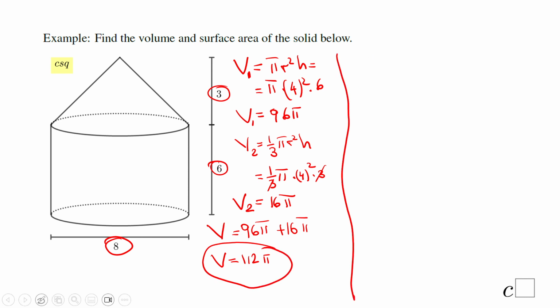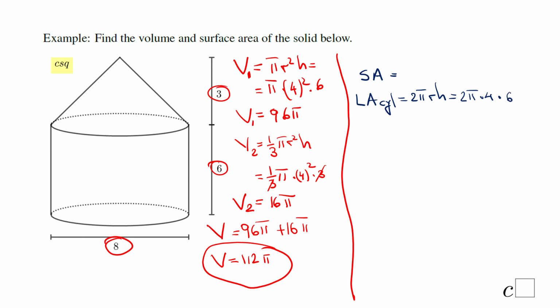What about the surface area? Very, very similar to what we did in the previous problem. What do we have for the surface area of this composite shape? We have the lateral area of the cylinder, 2 pi r h. So that will be 2 pi times the radius, which is 4, and the height, which is 6.